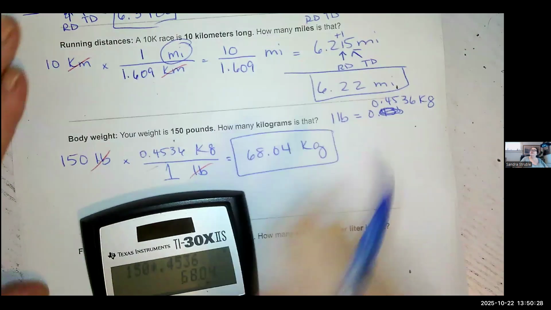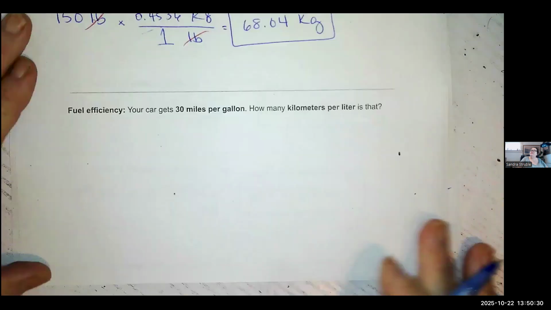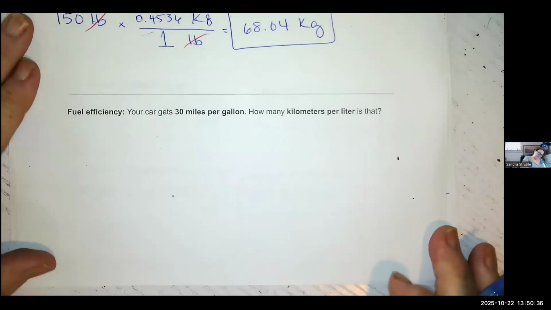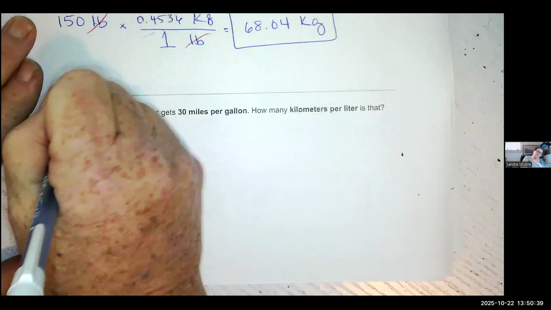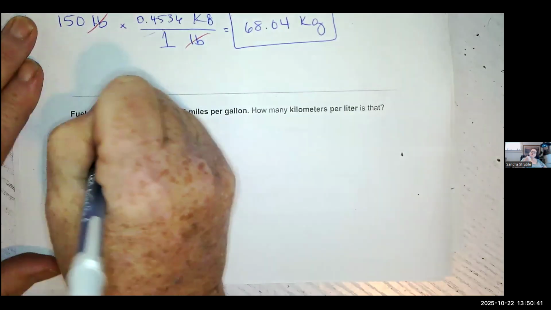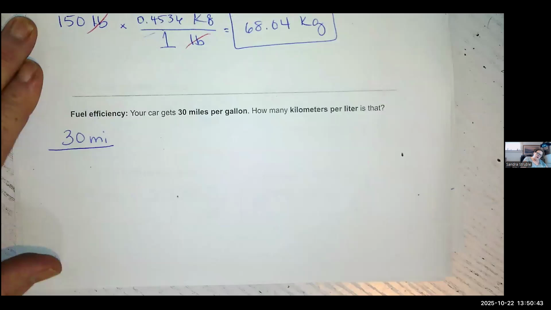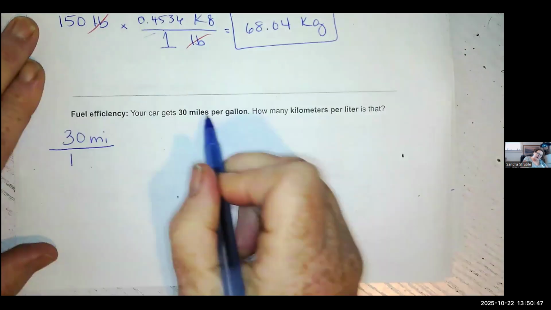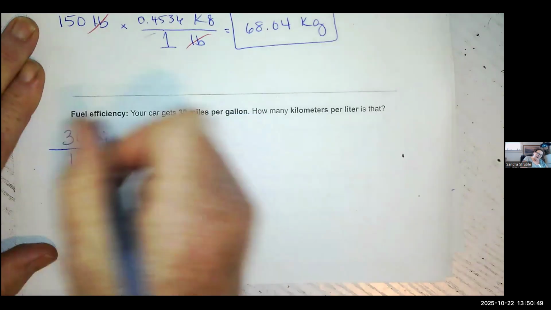Last one. Your car gets 30 miles per gallon. How many kilometers per liter is that? Ooh, this is a different one. 30 miles. So this one is the first one we've had where we've had 1 unit over another one. 30 miles per always means divide 1 gallon.